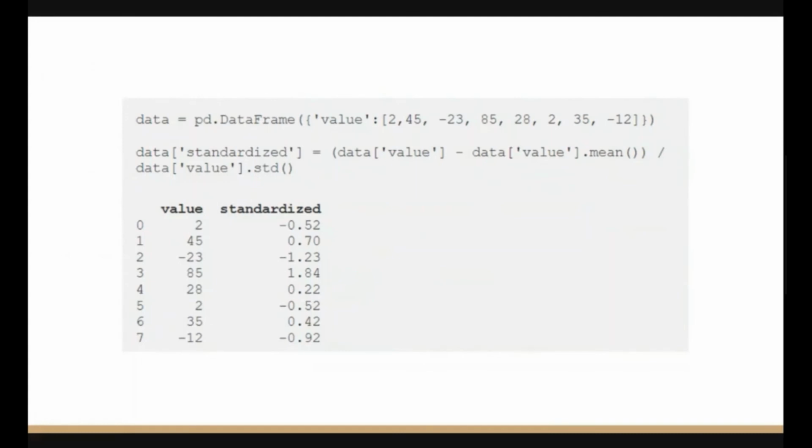And then we defined a data frame of standardized data points by applying the standardization equation to the data points. This is the output of this code, which represents what happens to the data points before and after the standardization procedure.